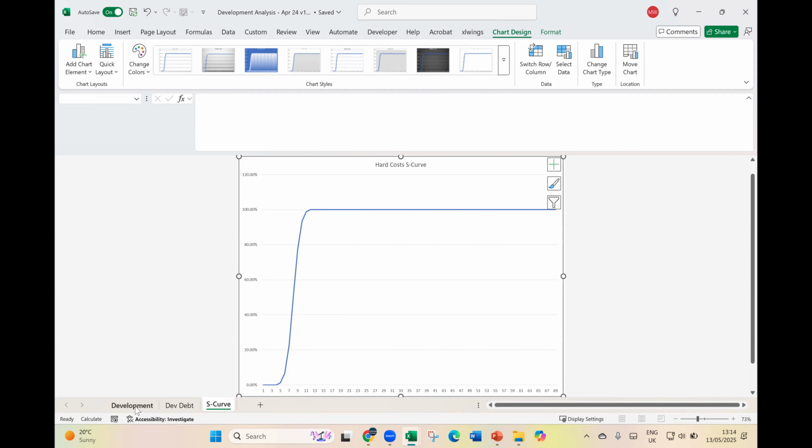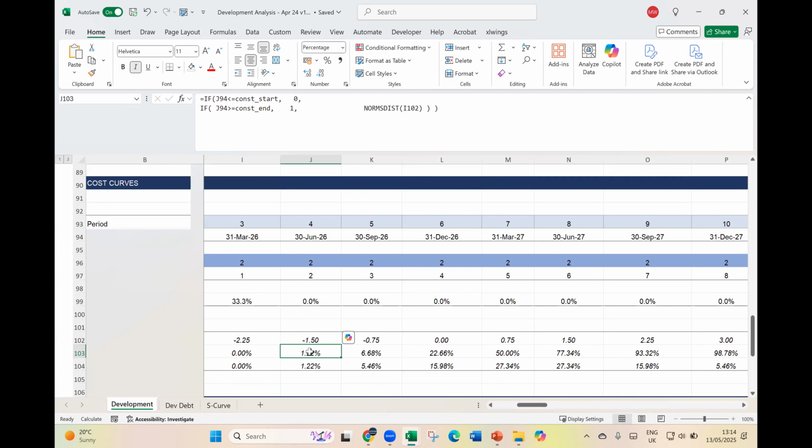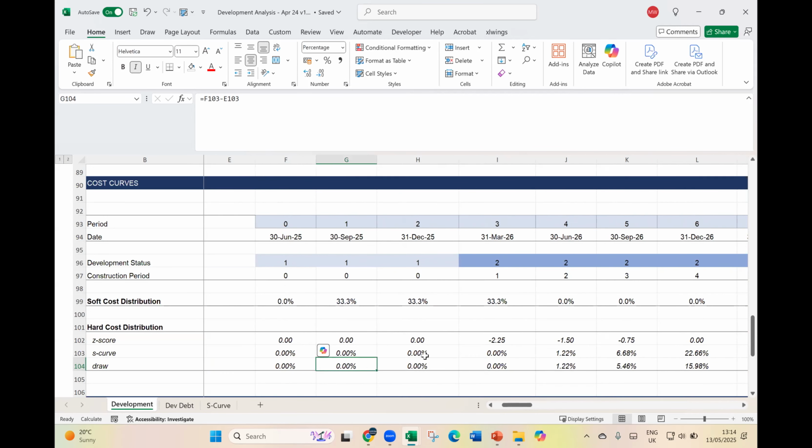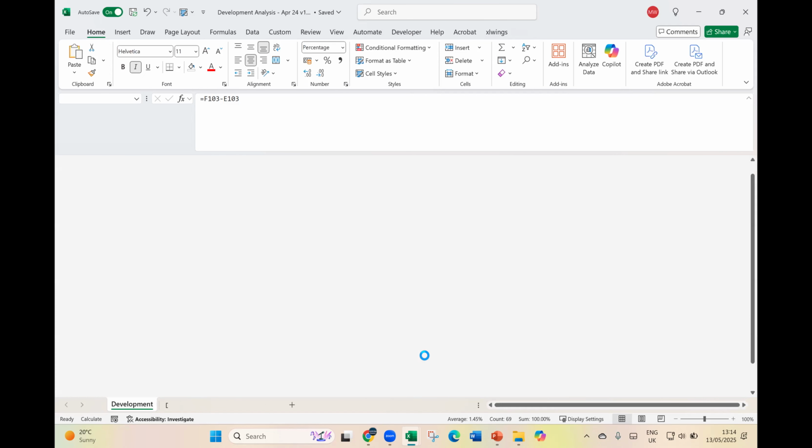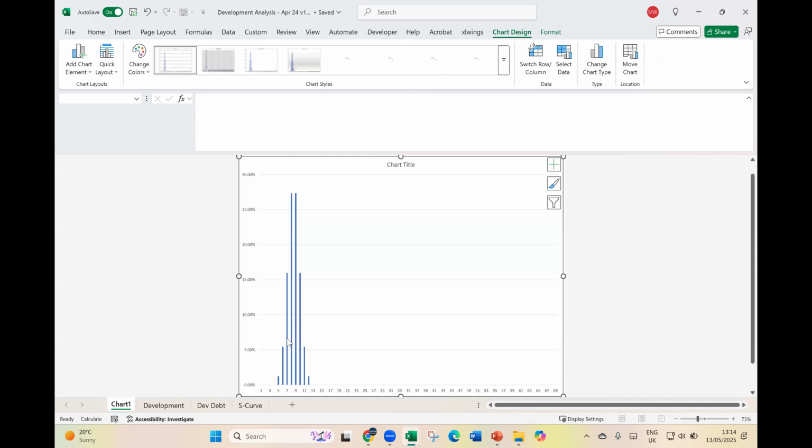So we calculate here this development cost, and then the way we do this is we assume a normal distribution. Okay, so if you look at the costs here for your draws, this should be here a normal distribution. Okay, so that's what we call the normal distribution.